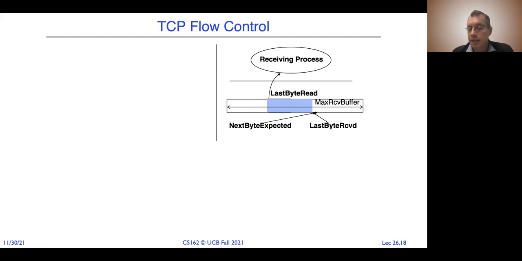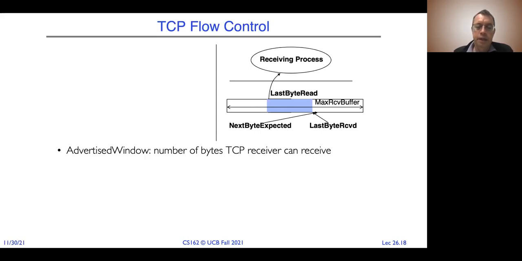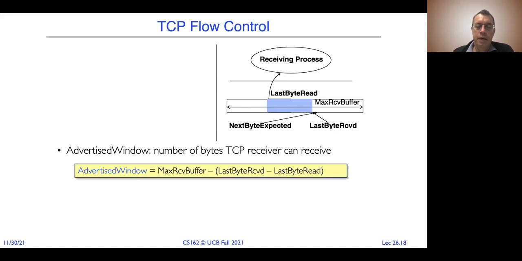Last byte received is the last byte of the data in the buffer. And next byte expected in this case is the last byte received plus one, because that's the one you expect. Now the advertised window is by definition how many bytes the sender can send me without me overflowing.